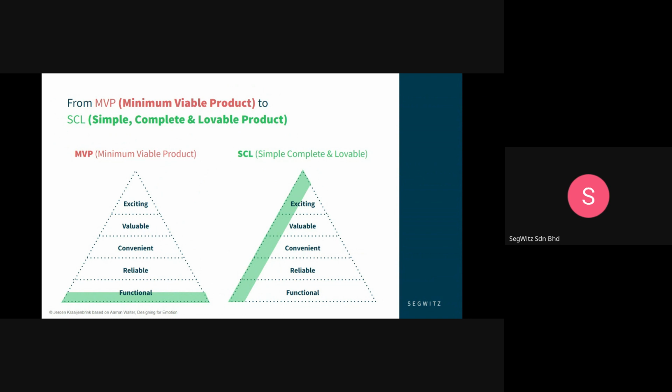What's the difference is that the workload is definitely higher now, but not exactly. Because if you look at the first triangle, all of the efforts were put on the functional side of it. But now the effort on the functional is also going towards the other factors as well, right?